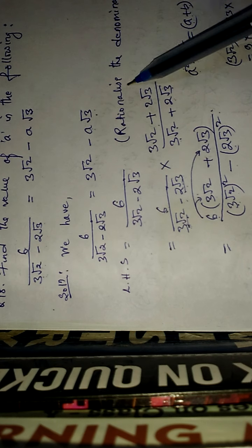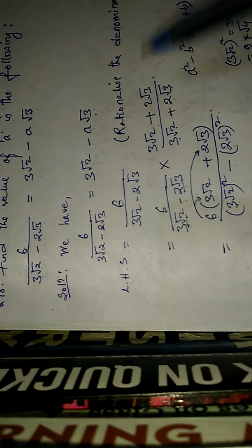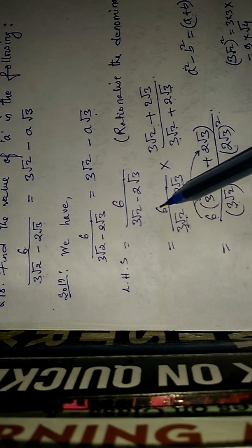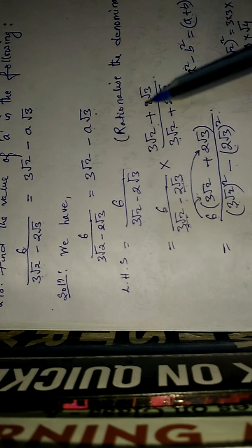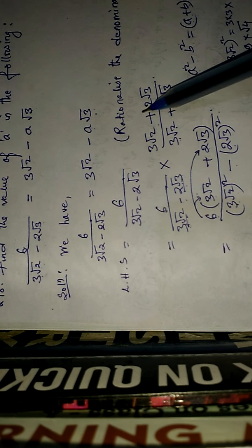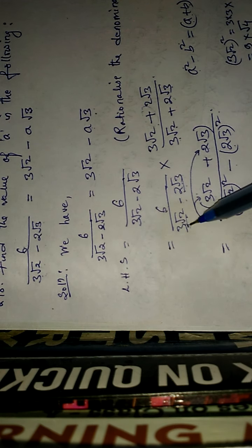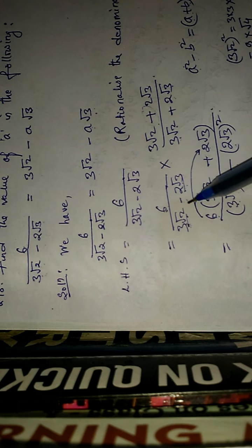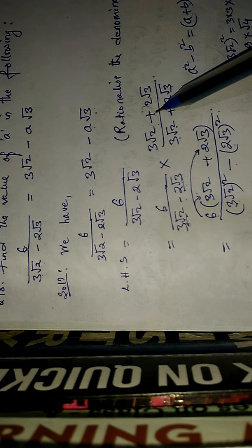We multiply both numerator and denominator by the same number as the denominator but with the opposite sign: 3 root 2, 2 root 3. This minus will change to plus. Okay, the numerator also you have to multiply, since we rationalize the denominator.